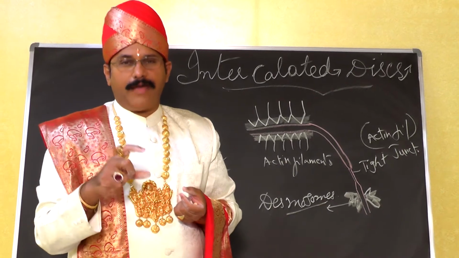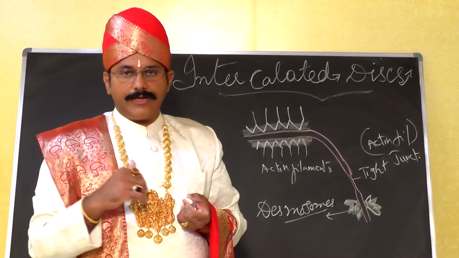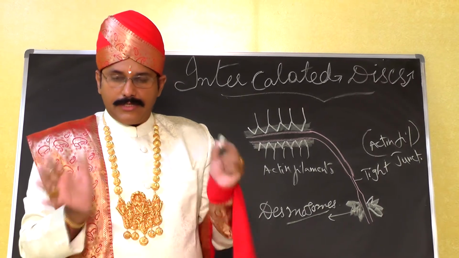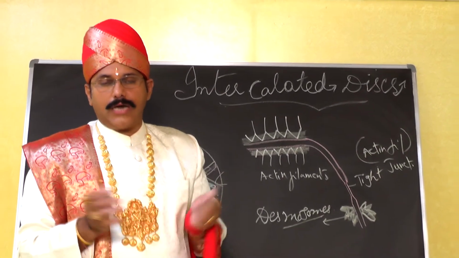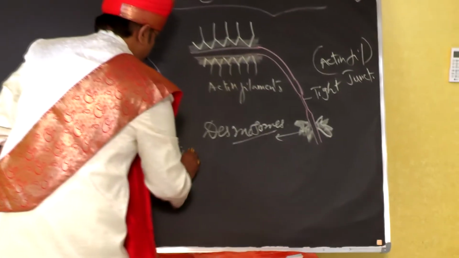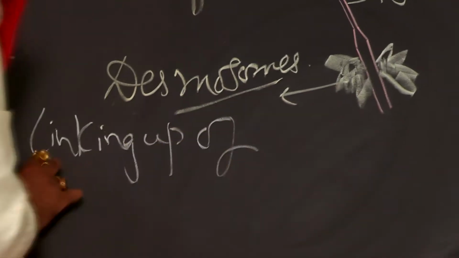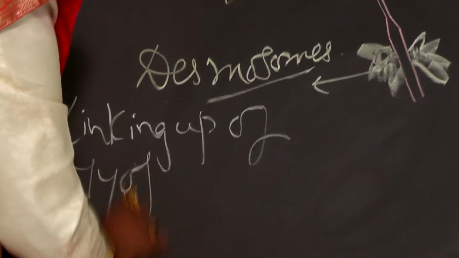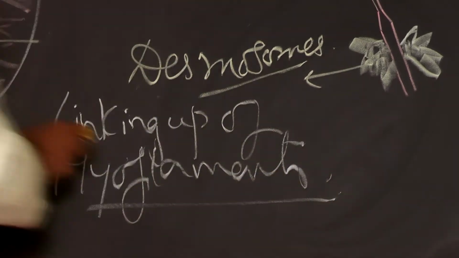There are myofibrils present in the cytoskeleton of the adjacent cells. So these myofibrils or myofilaments are linked up, and the linking up of the myofilaments present in the cytoskeleton of the adjacent cardiac myocytes is done by the desmosomes.